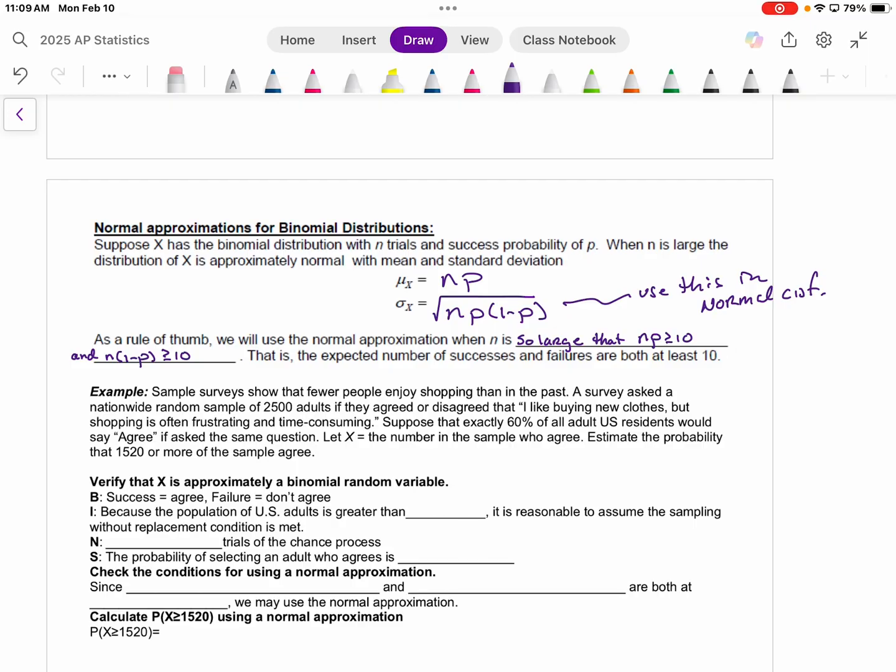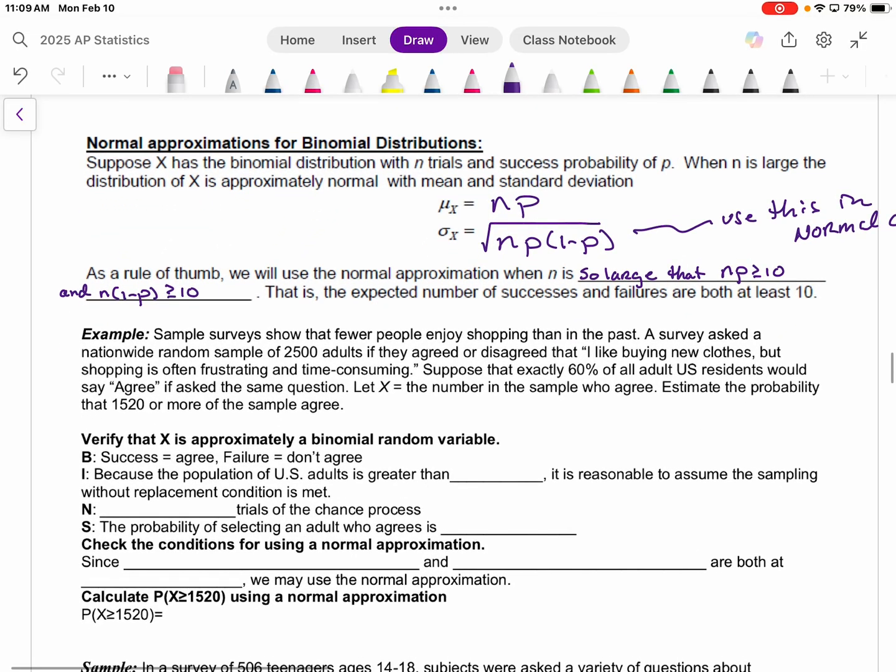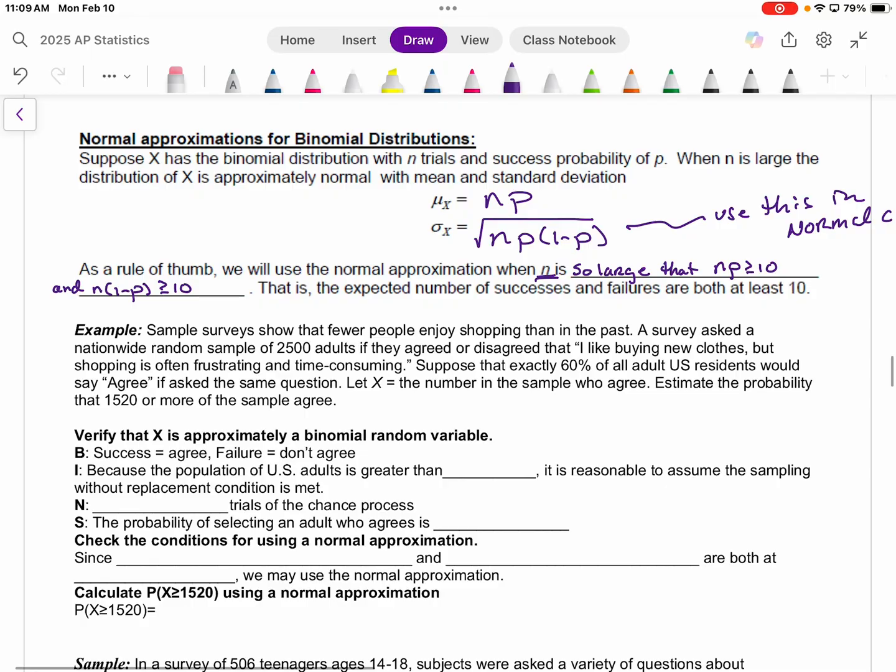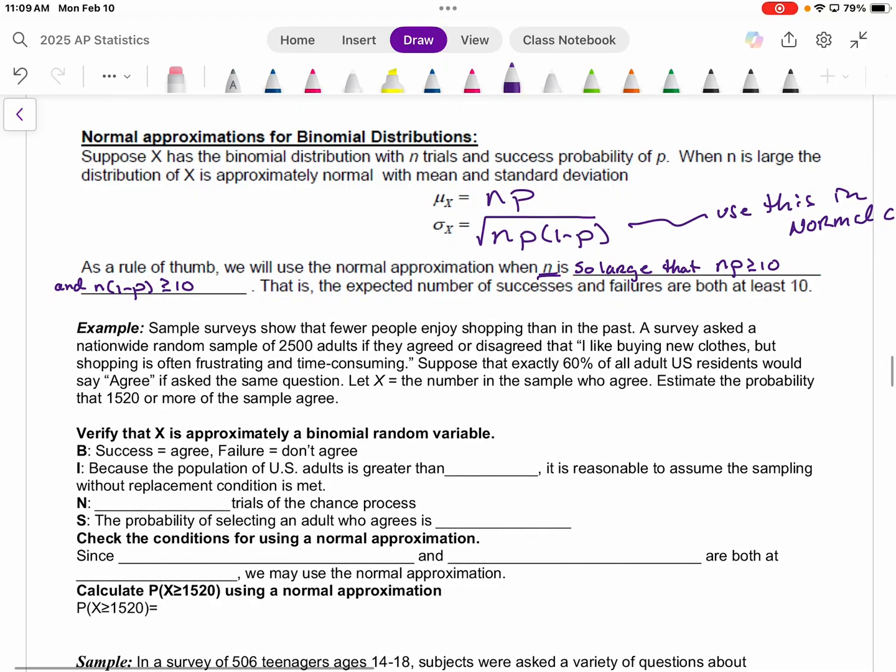We can use this approximation as a rule of thumb. We use the approximation when n, our sample size, is so large that n times p is greater than or equal to 10, and n times 1 minus p is greater than or equal to 10. That's when we can use the normal distribution.